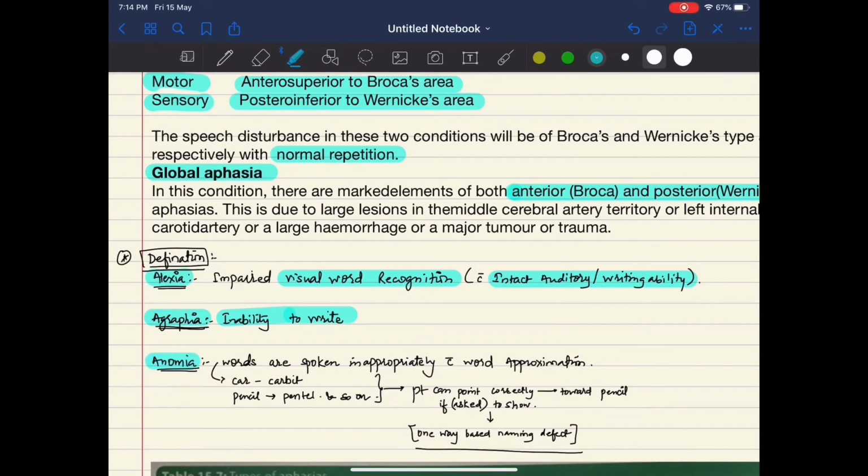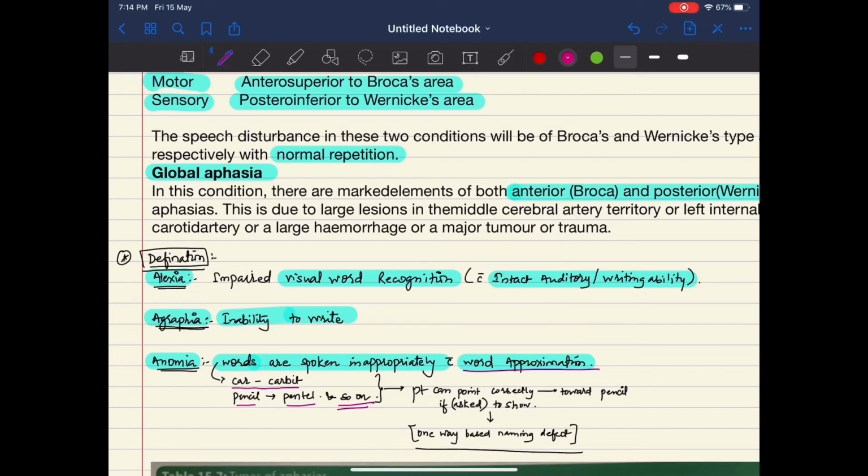Anomia, words are spoken inappropriately with word approximation. This is very important. What do you mean by word approximation? See, car can be called carpet, pencil can be called pental, apple can be called pepal. So these things have to be remembered.